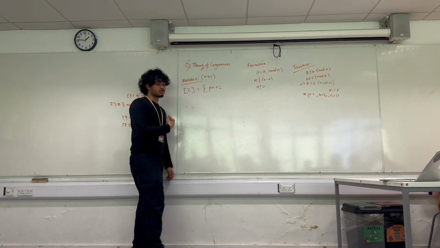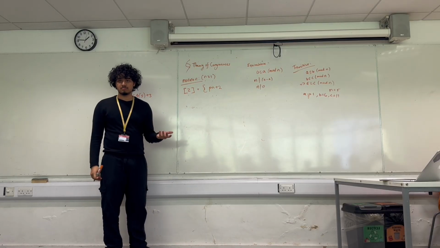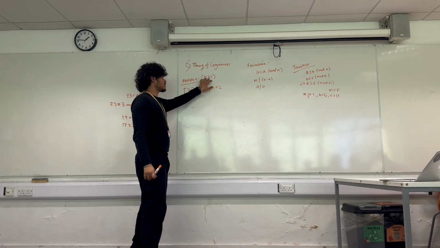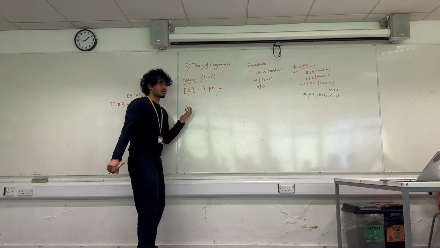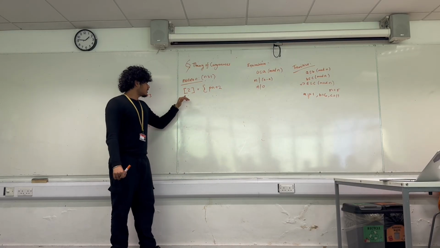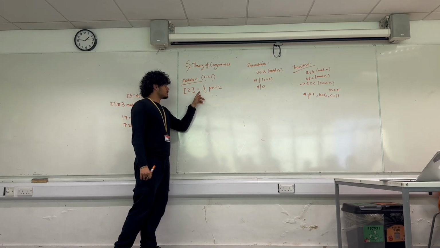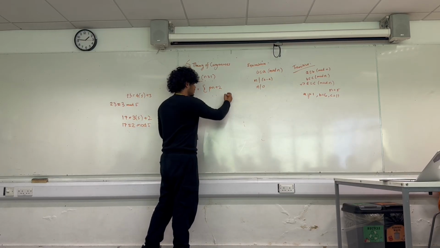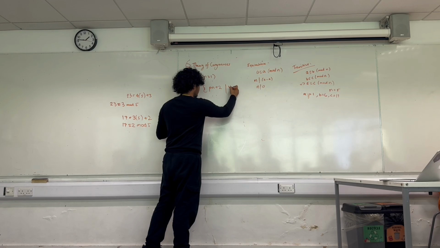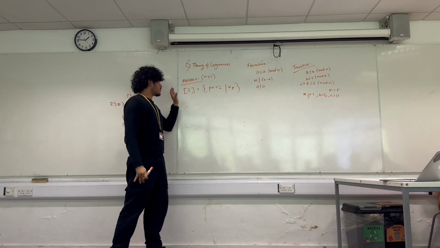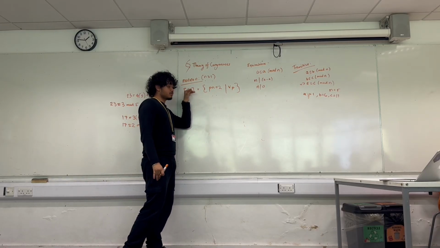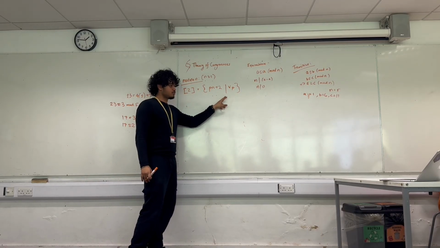Strictly, n has to be greater than or equal to 1, because modulus 0 doesn't actually mean anything. But for this one we'll say n is 5, for example. All the numbers in the congruence class of 2 are going to be of the form pn plus 2, for any integer p.